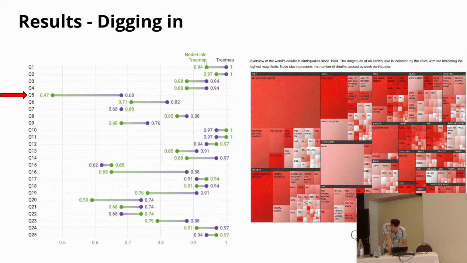So for question 1, 94% got the question correct in the NLT group, and so on. The performances are quite similar. It's hard to see any big differences. We only found one kind of interesting difference in one of the questions. We hypothesized that this might have had something to do with the labels, but we're not sure.